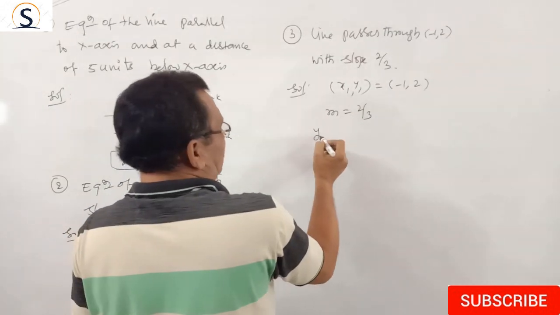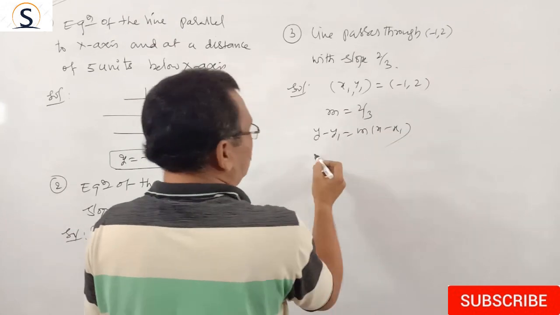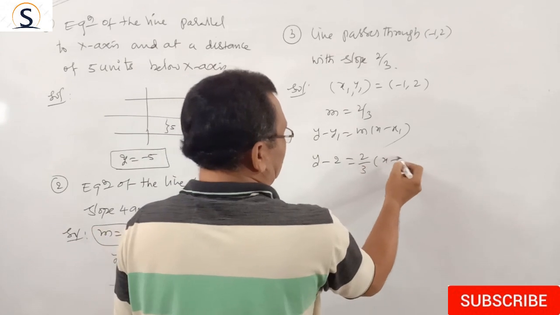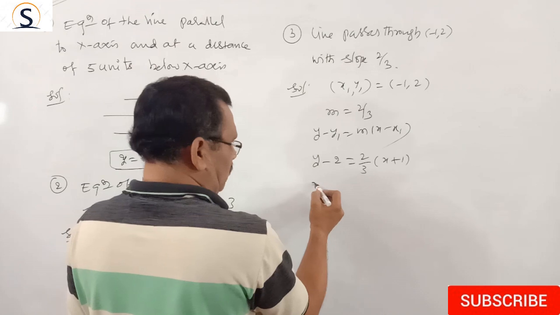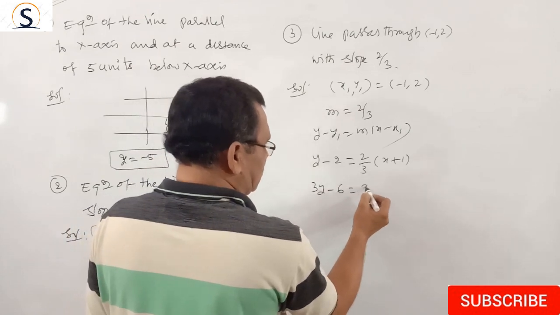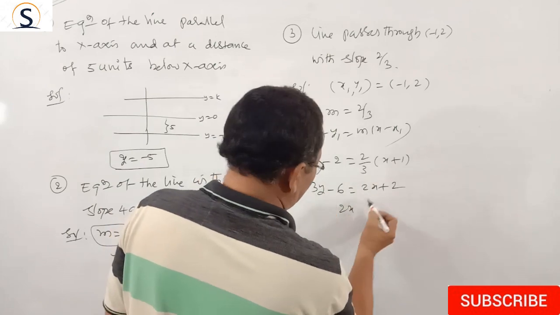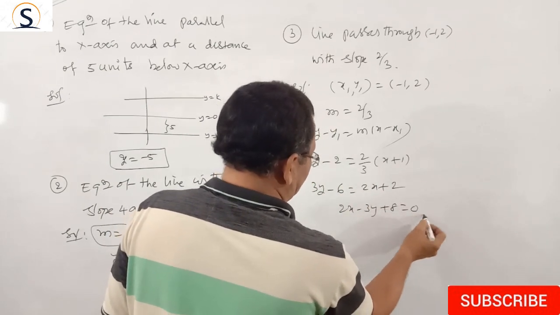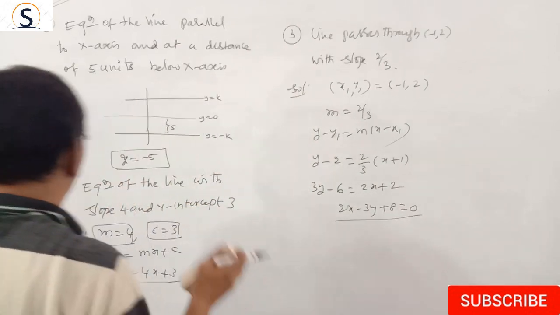Then y minus y1 is equal to m into x minus x1. Y minus 2 is equal to 2 by 3 into x plus 1. So cross multiply, 3y minus 6 is equal to 2x plus 2. So 2x minus 3y plus 2 plus 6, that is 8, is equal to 0. This is your third problem.